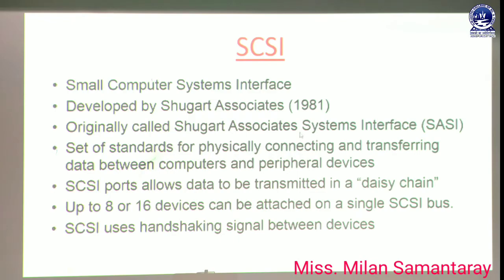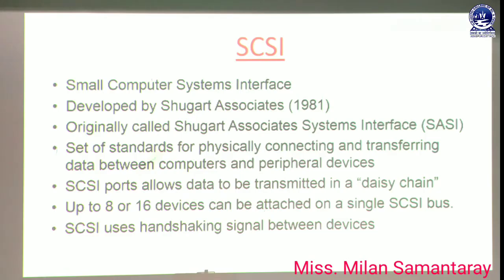Then SCSI ports allow data to be transmitted in a daisy-chain way. I have already discussed the daisy-chain way when I discussed handling multiple devices in the chapter on interrupts, so you can go through those lectures for details of the daisy-chain concept. Then up to 8 or 16 devices can be attached to a single SCSI bus.